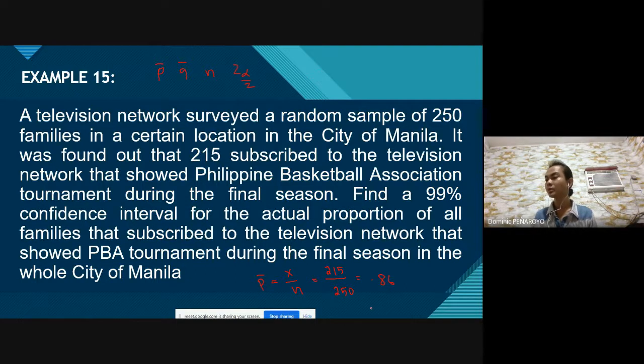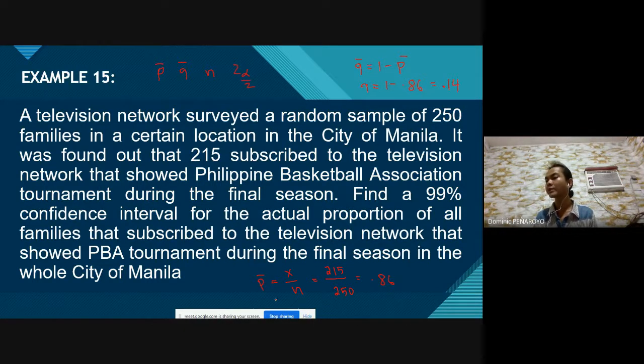Next, Q-bar natin. Madali na lang ito hanapin kasi yung formula natin, Q-bar is 1 minus P-bar. So, 0.86 yung P-bar natin. So, Q-bar is equal to 1 minus 0.86. Using our calculator, that would be 0.14.